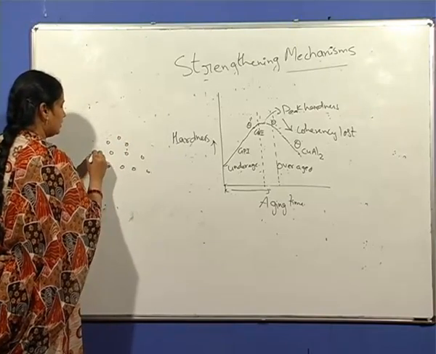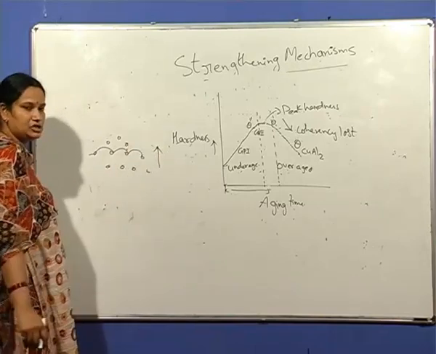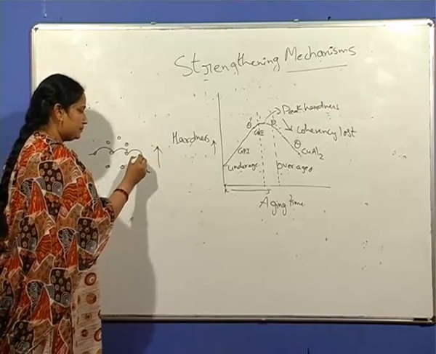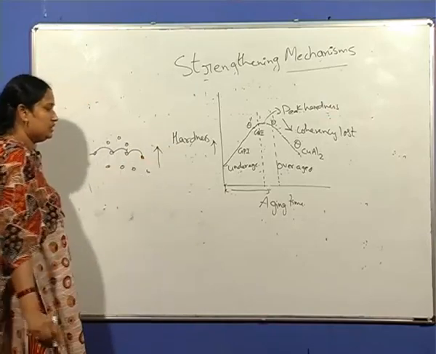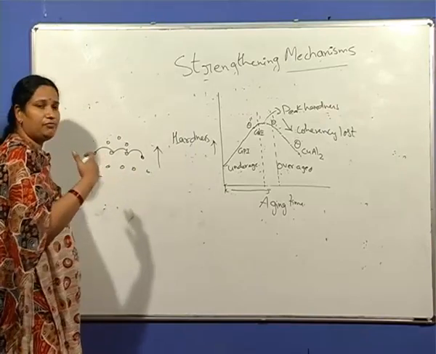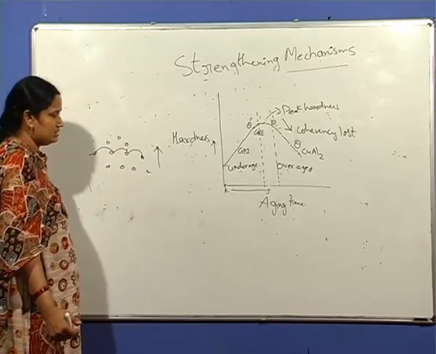So in this figure we consider precipitates are obstacles to the moving dislocation. A dislocation moving in this direction is hindered by the obstacles. So for the dislocation to bypass, to overcome or to break away from these obstacles, it requires higher stress.